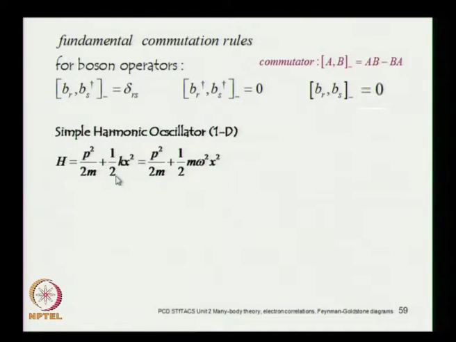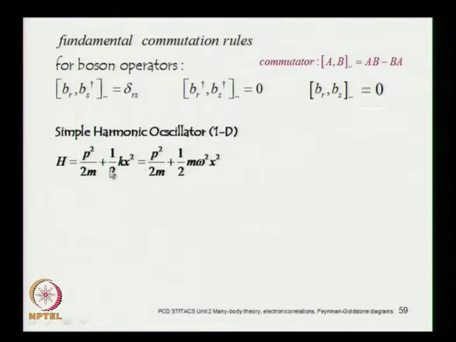Let us consider, just to illustrate how it works, a simple bosonic system: excitations of the simple harmonic oscillator, which you would have met even in your earlier quantum mechanics course, but this will be a very quick recapitulation. So you have the simple harmonic oscillator Hamiltonian, and this has got a quadratic term in the position coordinate.